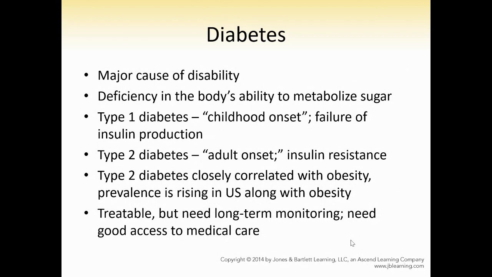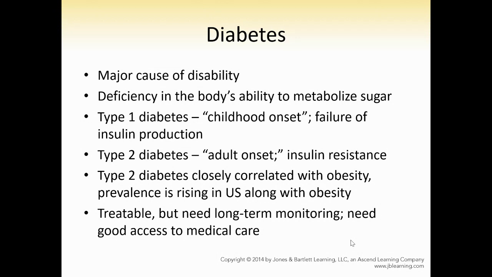Type 2 diabetes is considered adult onset, and this is insulin resistant. So the body is producing insulin, but it's not working. Type 2 diabetes is closely related with obesity and inactivity. And the prevalence of type 2 diabetes in the US is rising along with obesity, so those two are getting higher together.